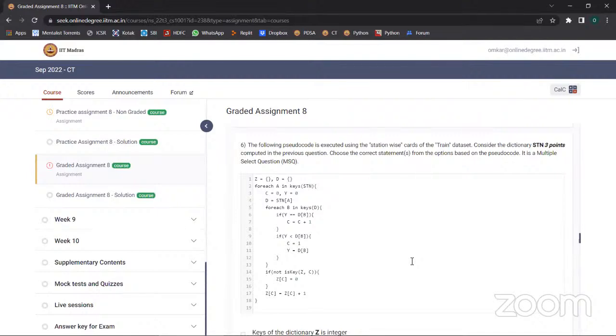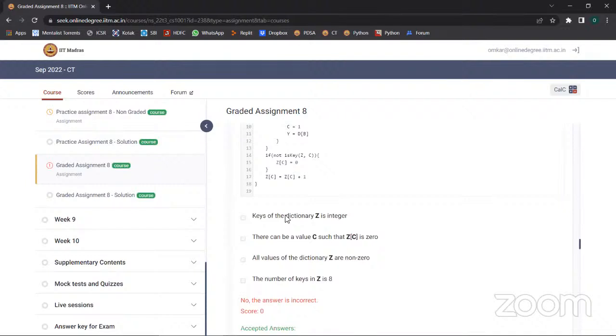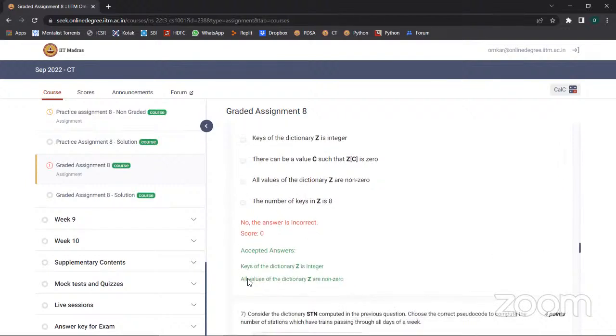After seeing this being a correct answer, you understood why this option is also correct? Yes, sir. So you did not have any doubts about why this is the correct answer. You immediately got that. So in that case, I believe you understood the pseudocode.